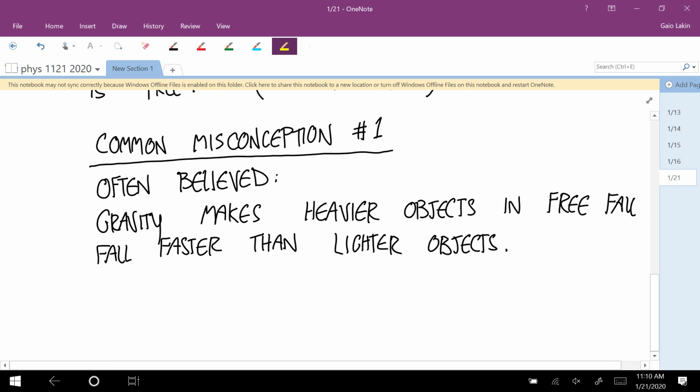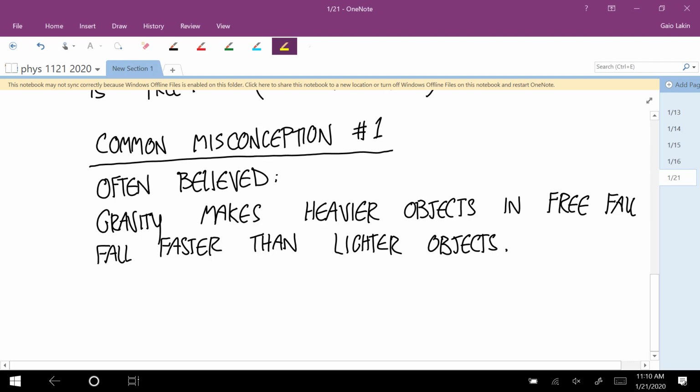And it's pretty clear why people have this intuition, because you have the experience. You don't have to get up very high to see it happen. If you take a brick and a crumpled up piece of tissue paper and drop it from 6 feet up in the air, the brick hits the ground faster. There's no denying that.